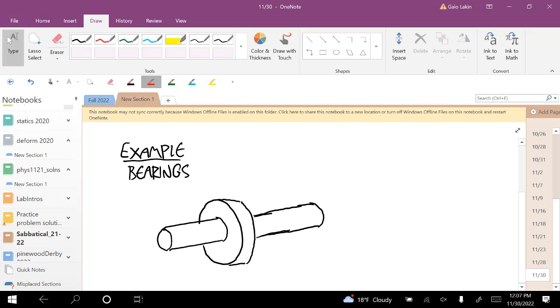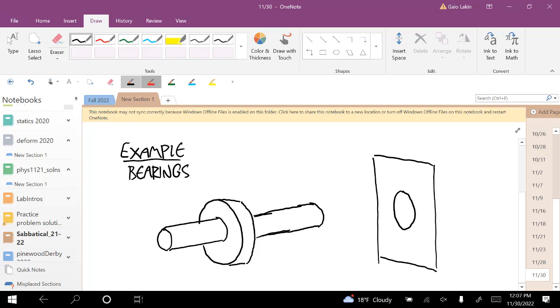And this is going to be articulated with something like that. Okay, so this goes here.